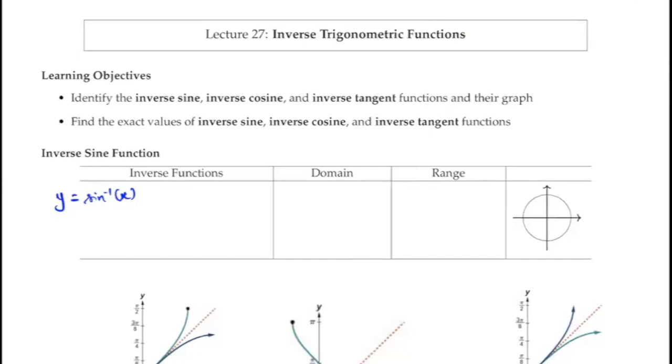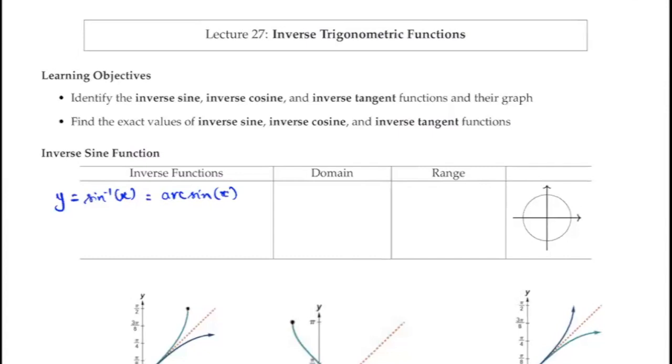Okay. There's another notation to indicate inverse functions in trigonometry, called the arc sine function, arc cosine function, or arc tangent function, that we're going to see later. So this can also be written as arc sine of x. Okay.